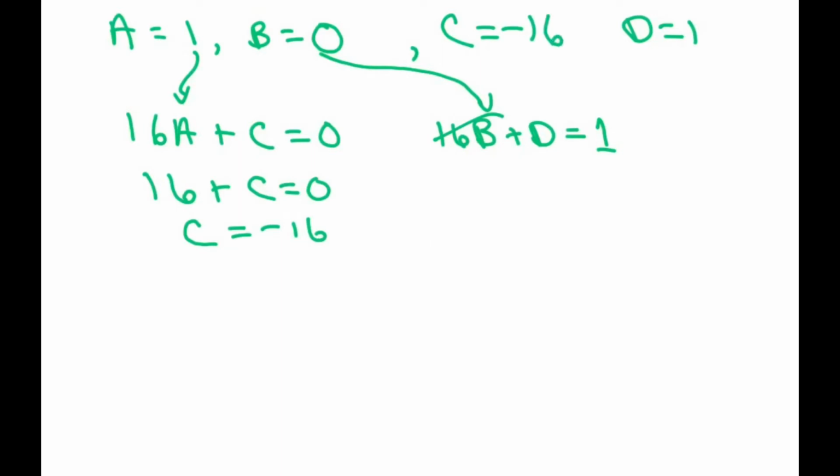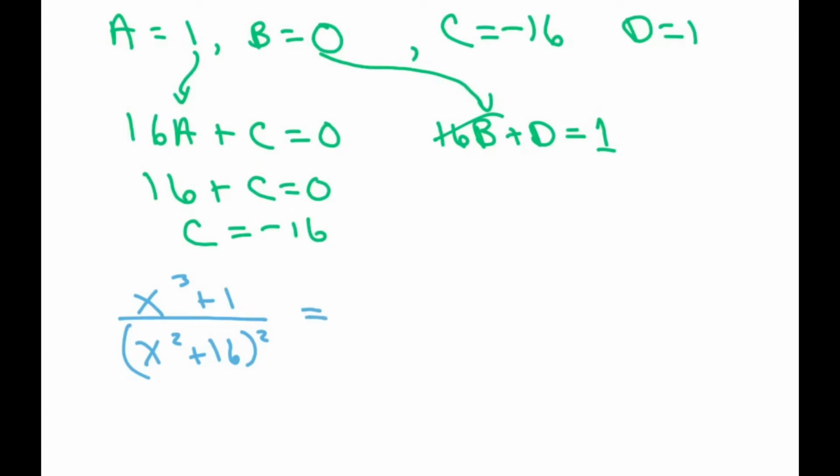So since we got our a, b, c, and d, we can just plug it in. So we have x cubed plus 1 divided by x squared plus 16, and then square it.